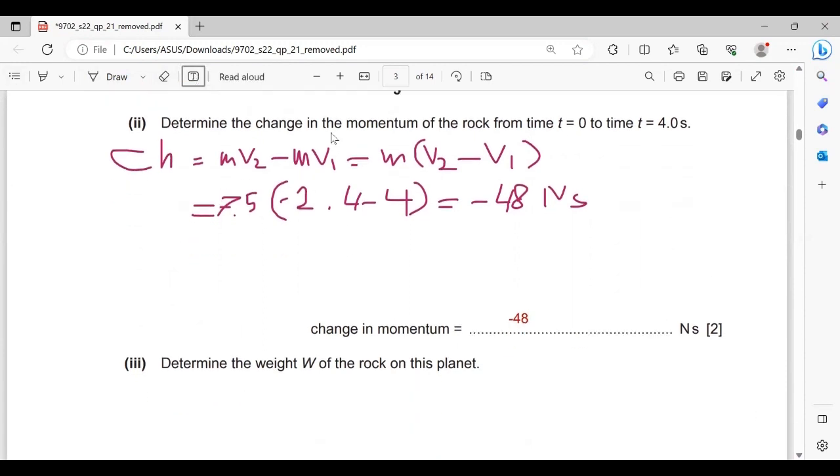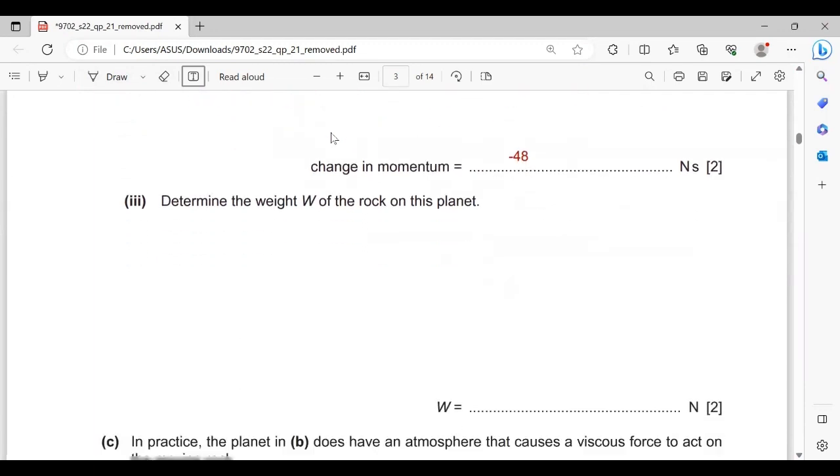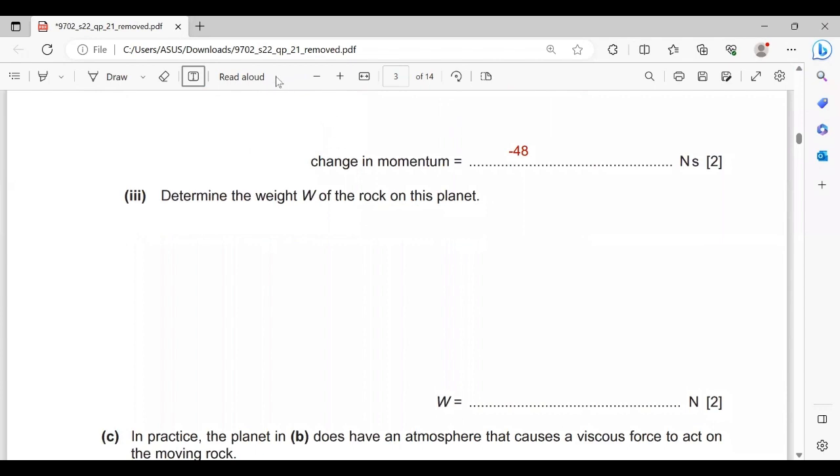Right, next. Determine the weight W of the rock on this planet. To calculate the weight, we are going to use this formula: weight equals delta mv, or change in momentum, over delta t.